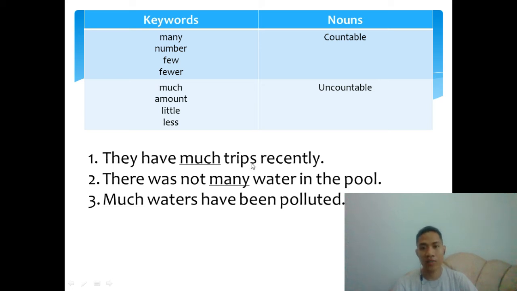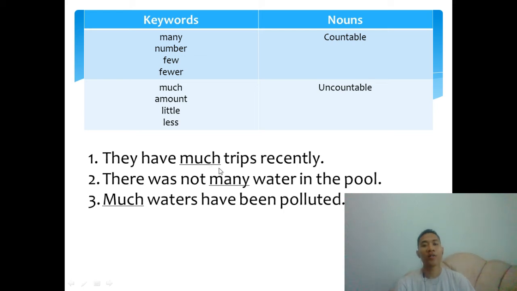For example, here trips is not underlined. It means that there is no problem with trips. Trip plus s. Remember, a word with s must be countable. So there's no problem with trips because it is not underlined. It means that the problem here is with much because much is underlined. Trips is countable, so we cannot use much. So what is the answer? We need to say many trips.